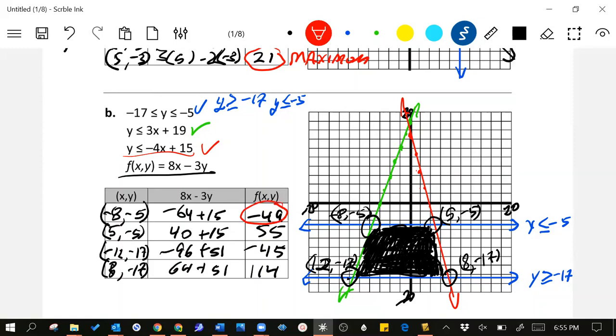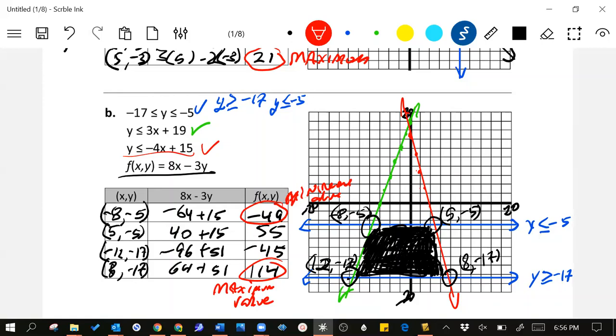So here we have our minimum value, and here we have our maximum value. And those are our answers. We're to find the maximum value and the minimum value.